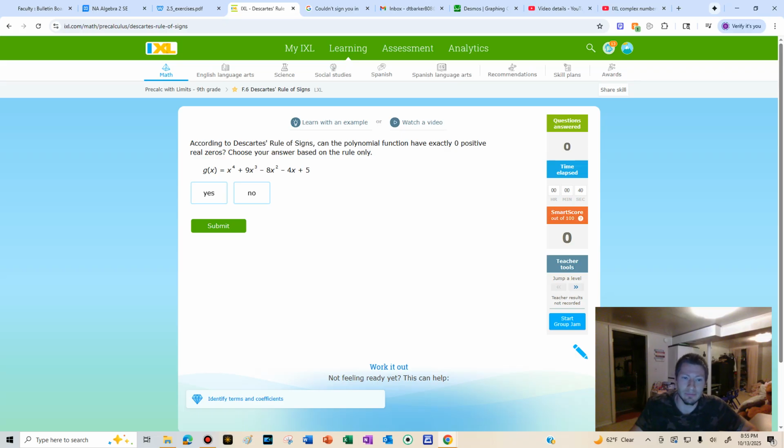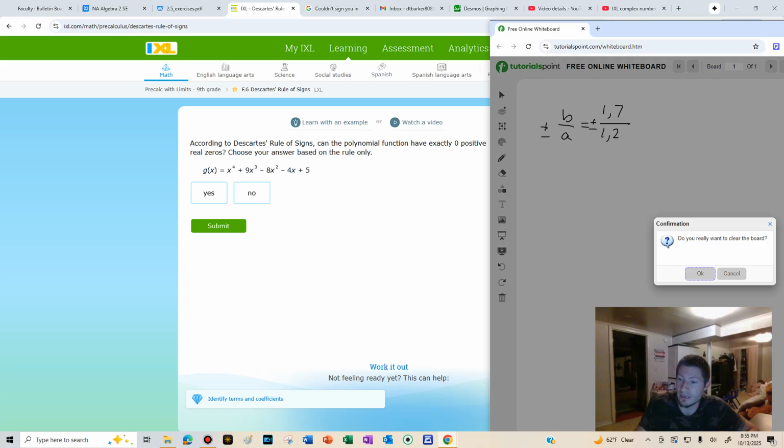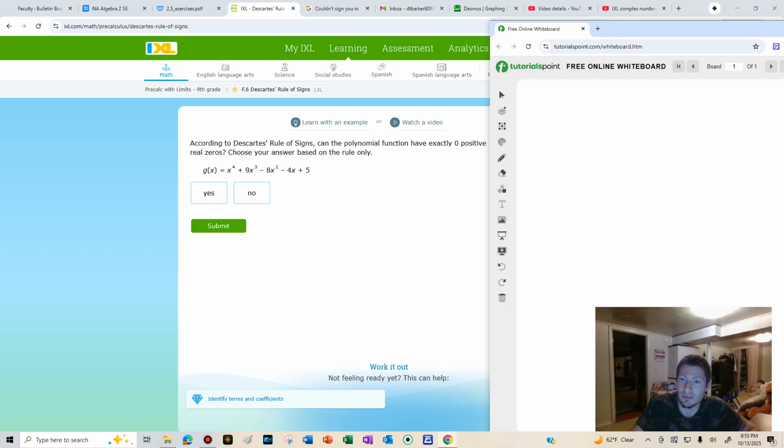So in this example, see how it's called the rule of signs? I'm looking at how the signs change. I'm saying, how do I go from a positive to a positive, so no sign change. Positive to a negative, that's one sign change. Negative to a negative, that's not a sign change.